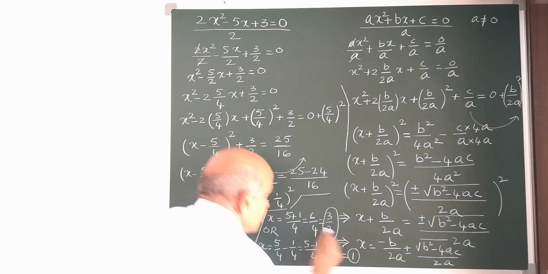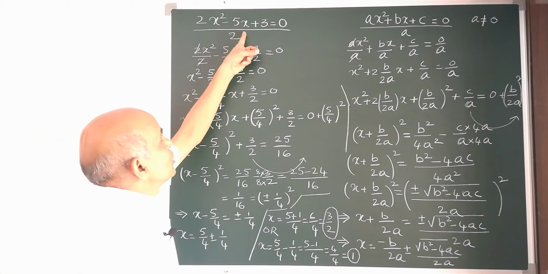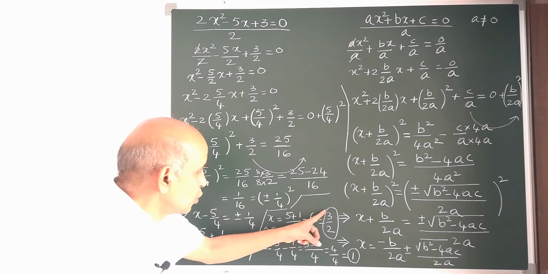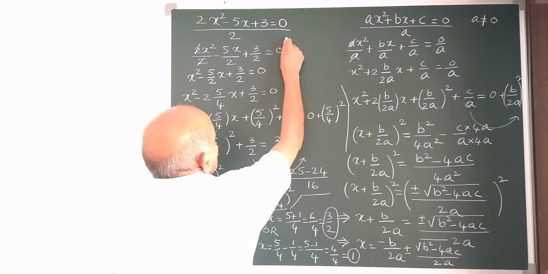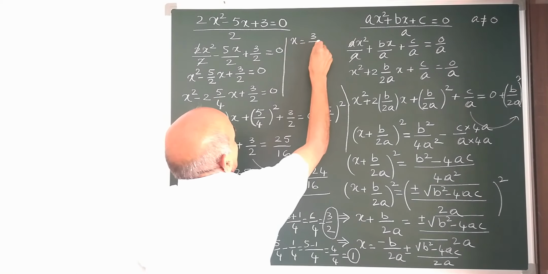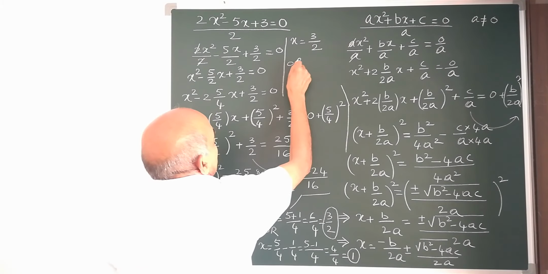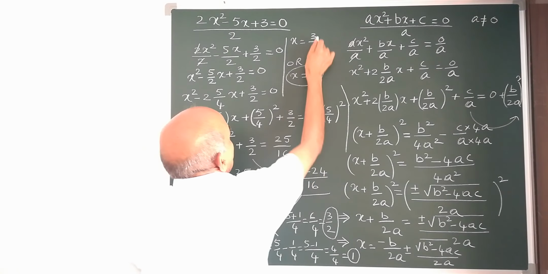This is another solution. So this quadratic equation 2x square minus 5x plus 3 has two roots. One is 3 by 2, the other is 1. So the roots are x is equal to 3 by 2 or x is equal to 1. These are the solutions.